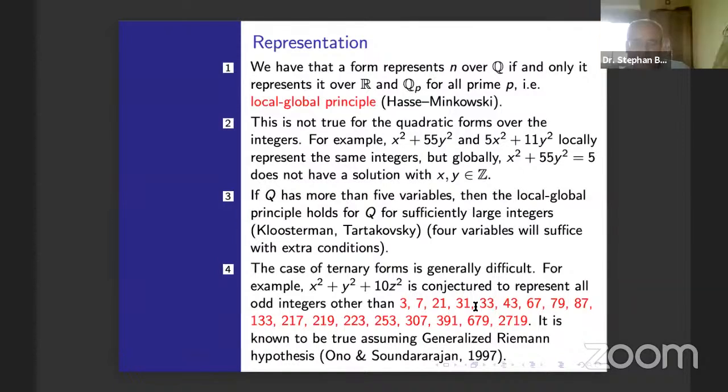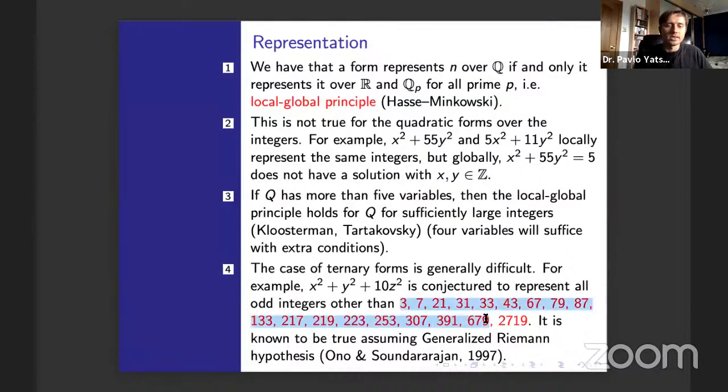For him, I forgot the name of the paper where he wrote about this interesting case, and this form appears not to represent only these integers. Maybe it was his theta function paper, ternary theta functions corresponding to ternary forms.